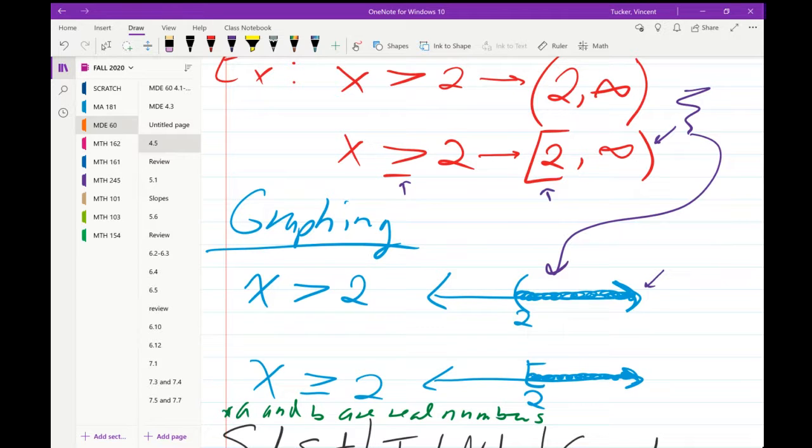And the parentheses will be over your 2. And then use the bracket for the or equal to symbol, shading to the right, because we're going to positive infinity. All right. Questions? Any questions?